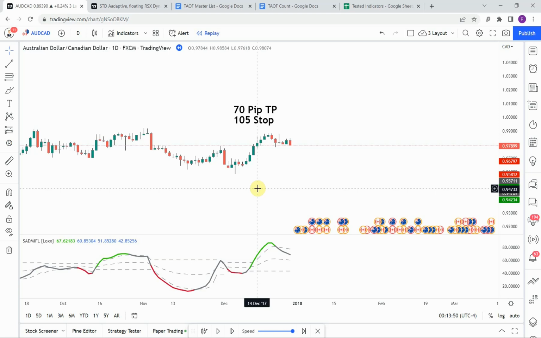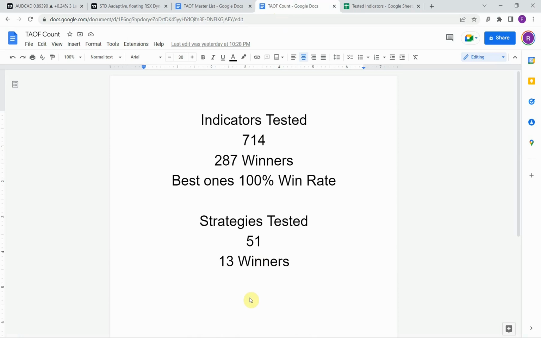Alright, as I said, today we will be testing the STD Adaptive Floating RSX Dynamic Momentum Index. Before we do though, I wanted to put the testing scoreboard up for everyone to see. So to date, we have tested a total of 51 different strategies, with 13 of them being profitable. We've also tested a total of 714 indicators, with 287 of them being winners.